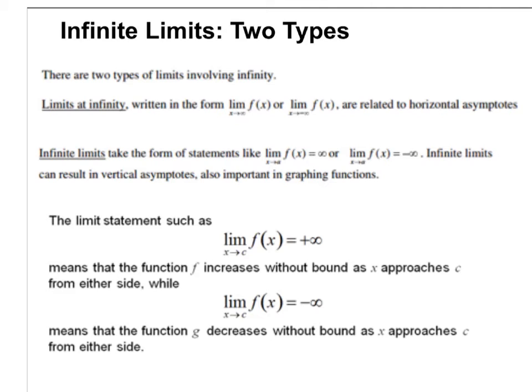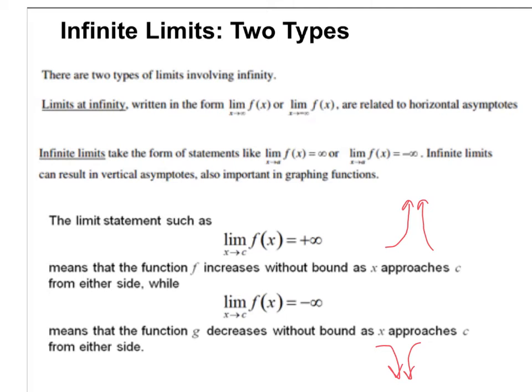So a limit statement such as the limit as x approaches c equals positive infinity means that the function f is increasing without bound, or going in the positive infinity direction, as x approaches that asymptote from either side. And negative infinity just means it's decreasing without bound as it approaches from either side. So what that looks like is this, where they're going in the same direction, or this, where they're going in the opposite direction. So stop it as much as you need to.